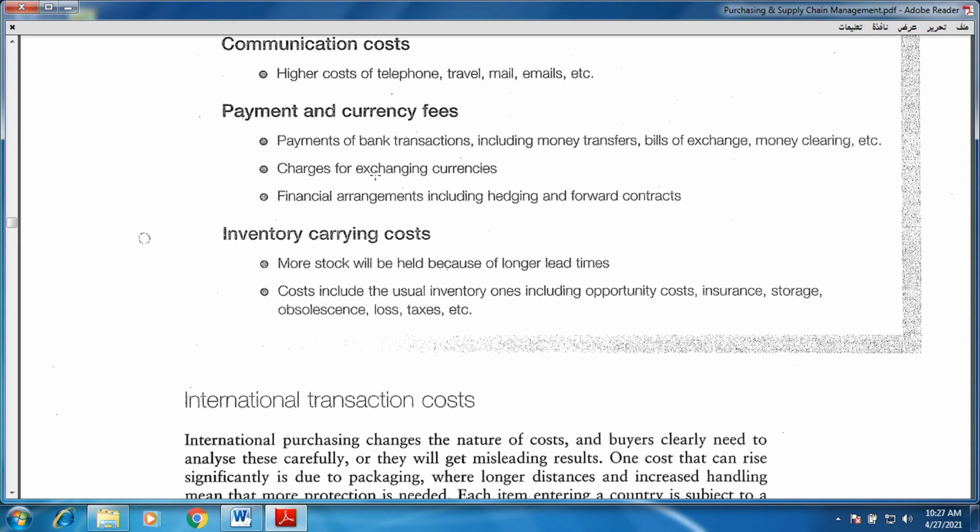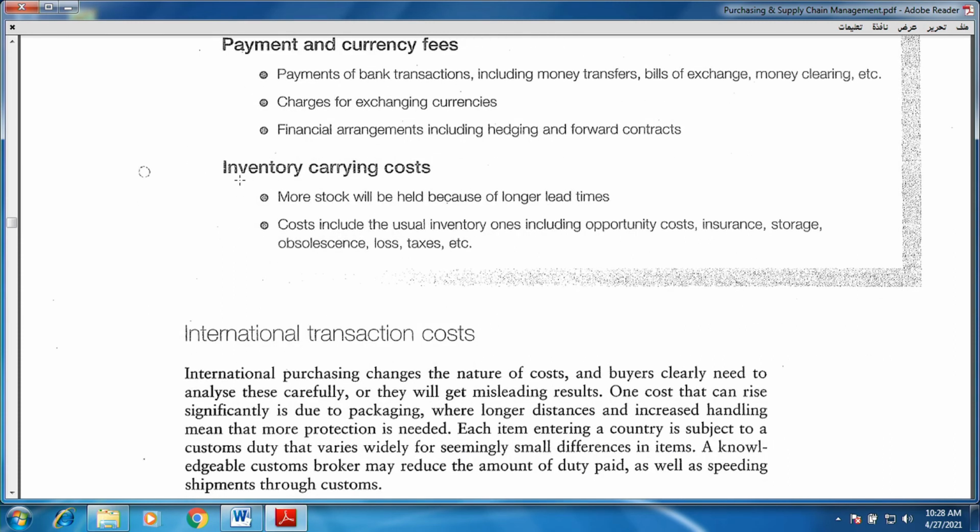When we exchange the currency, there is a charge given to the bank. And when we have financial agreements, if we do hedging by using forward or future contracts in the capital markets, we also pay a premium, and there is a brokerage house, so we pay extra money for this work.